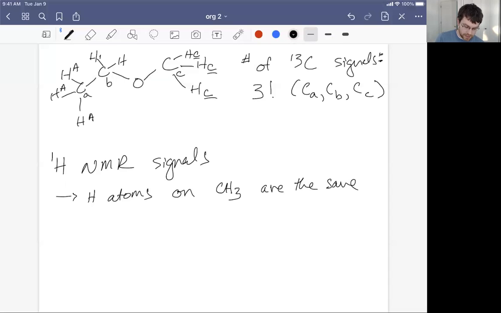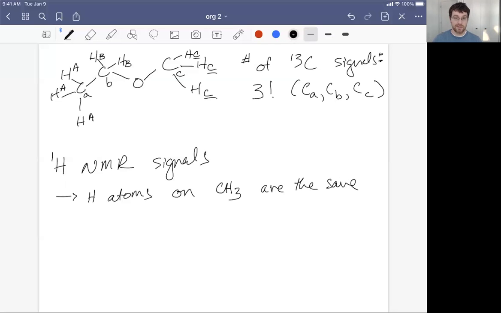Now, sometimes it's possible for a CH2 to provide unique chemical environments for the two hydrogens that are attached. But for the most part, we'll look at some examples, what we see is that those hydrogens are in the same chemical environment too.